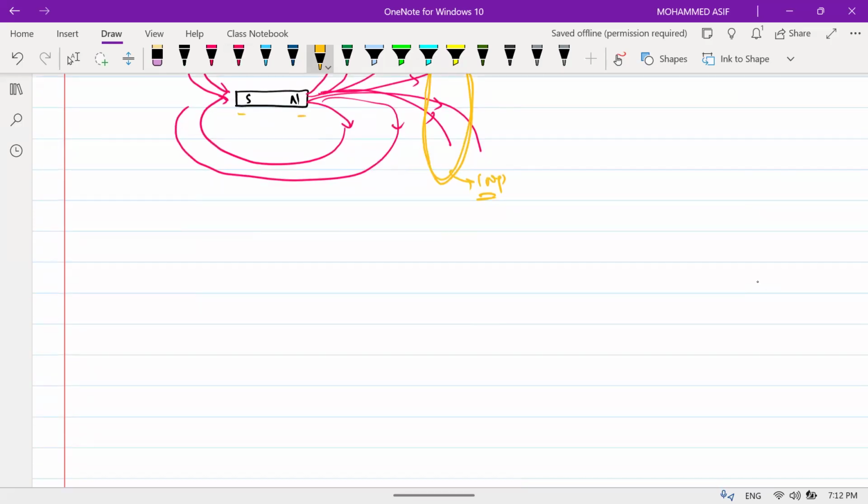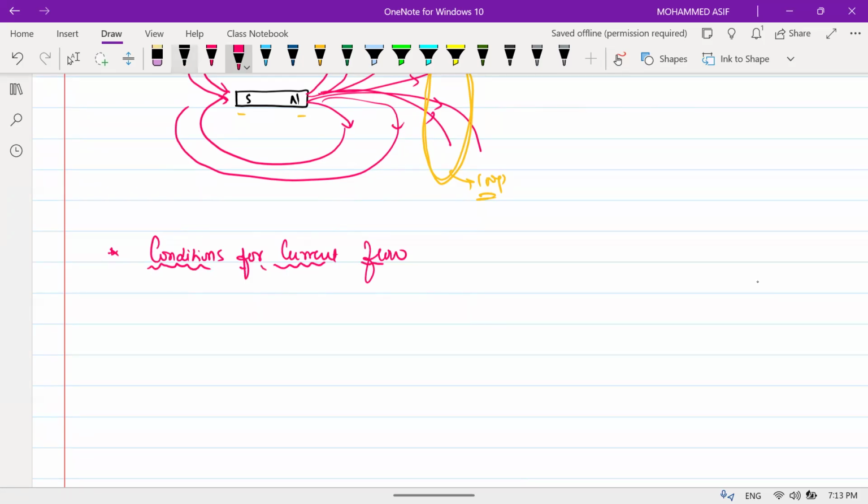Just remember this one better. Conditions for current flow. So what are the conditions in which we say that current will be flowing in the conductor.